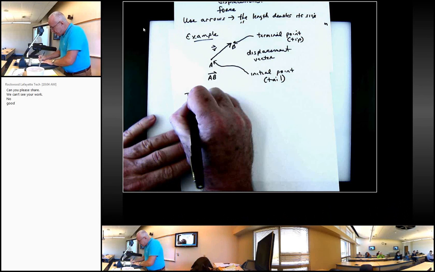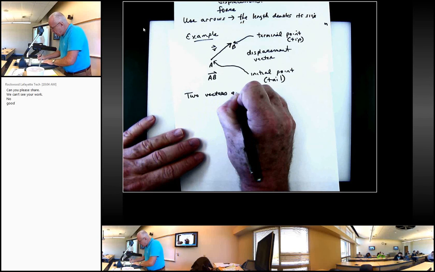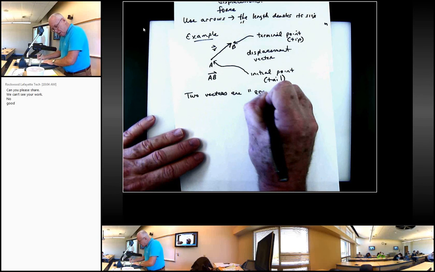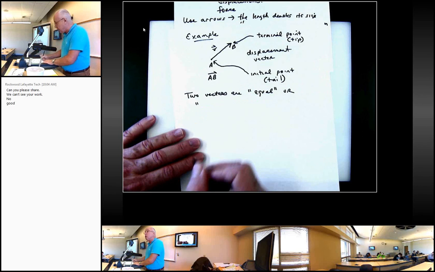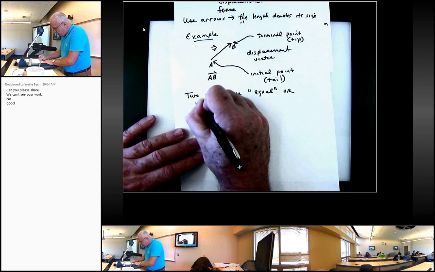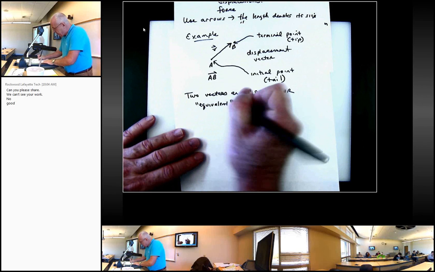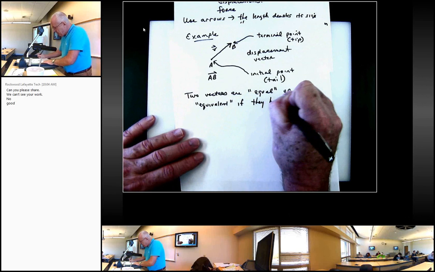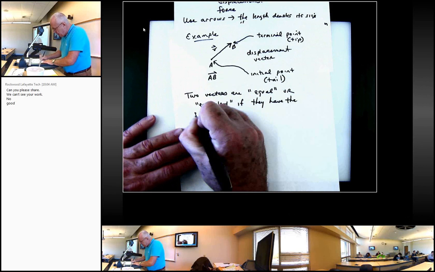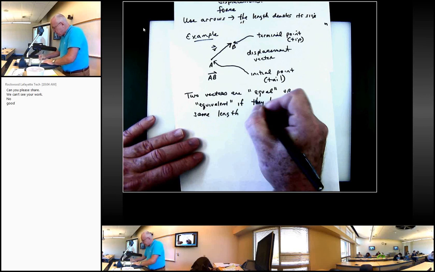Two vectors are, let me put that in quotes, equal, or I could also say that they're equivalent if they have the same length and the same direction.